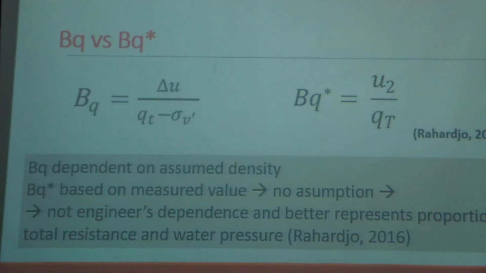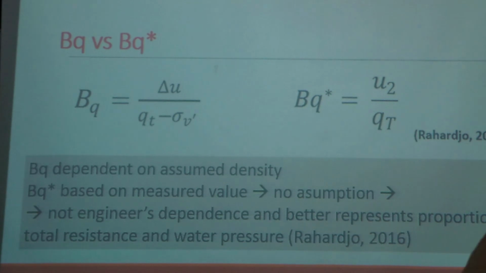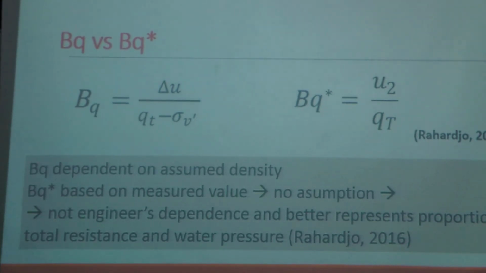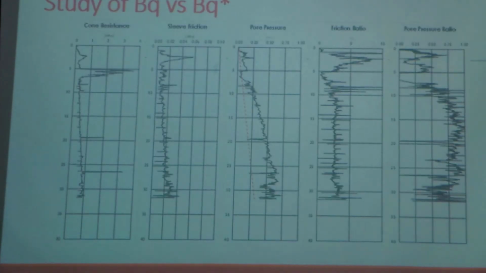This one has a problem. Over here you have sigma V prime. The sigma V prime is calculated based on the assumed unit weight. So if your unit weight is different, your B sub Q is different, then you argue. But for BQ star, U2 is measured, QT is measured. So there is no interpretation. This one is better because BQ is dependent on the assumed density, while BQ star is based on measured values, with no assumption.